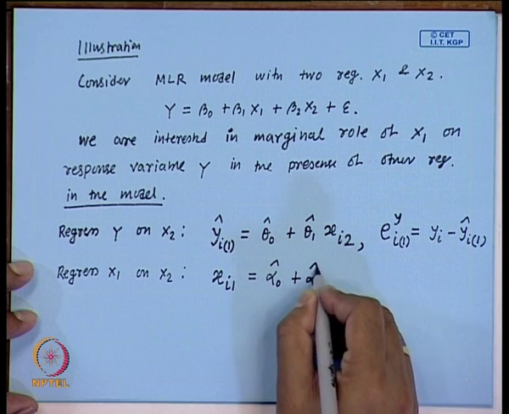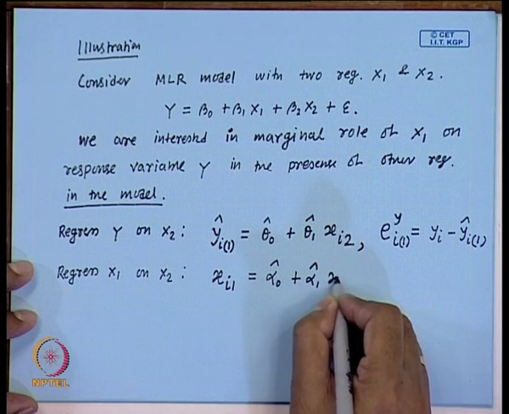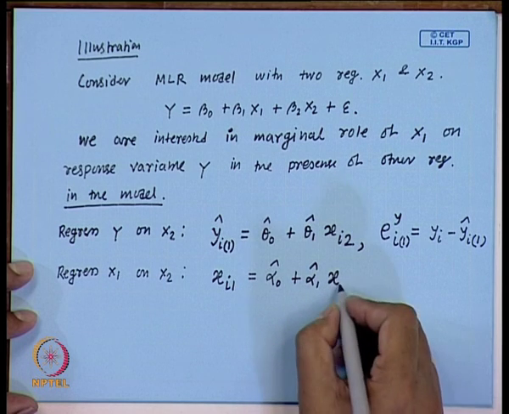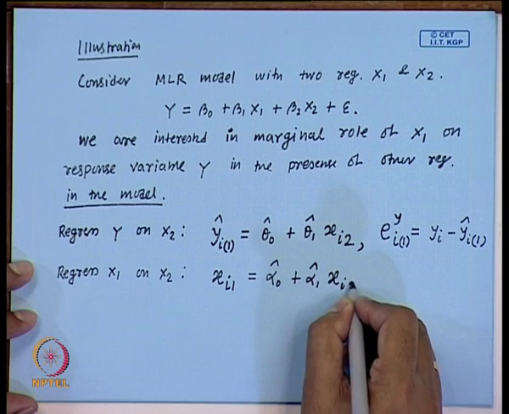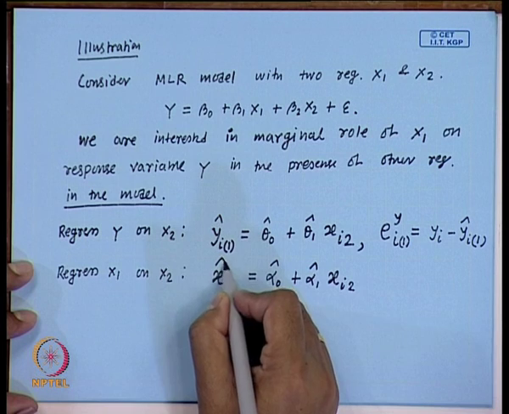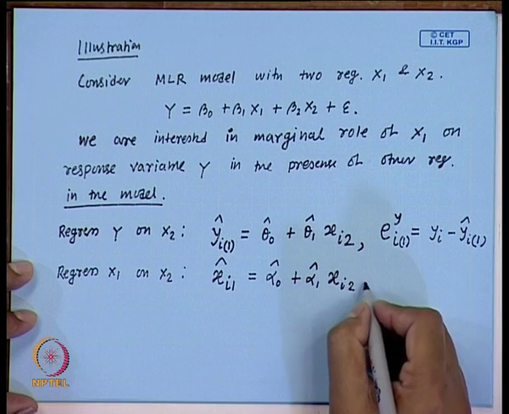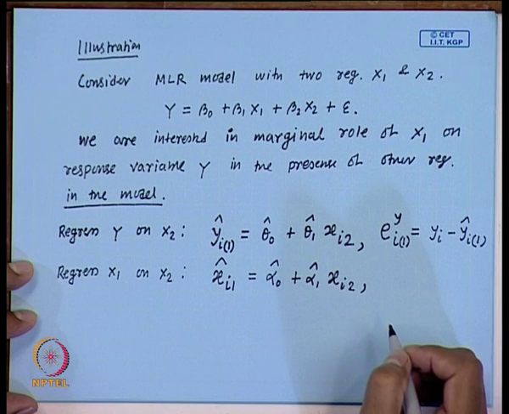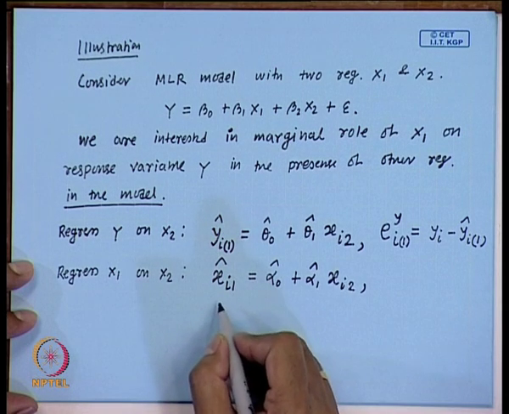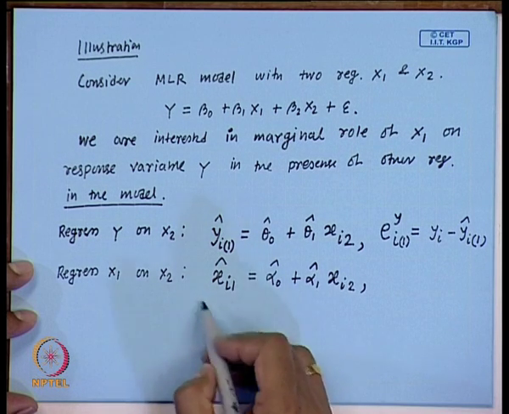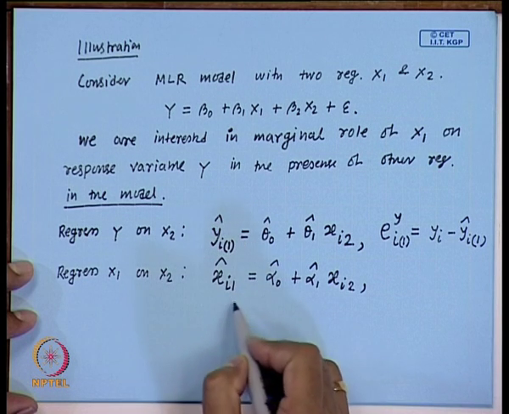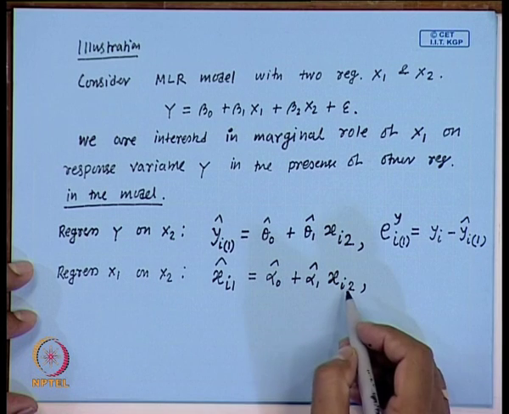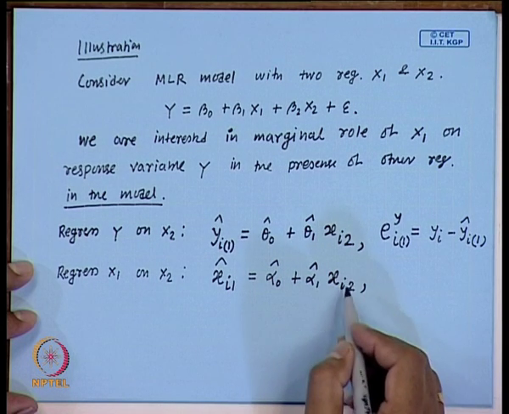This is my fitted model, and this basically sees how much of the variability in x1 can be explained by the other regressor.